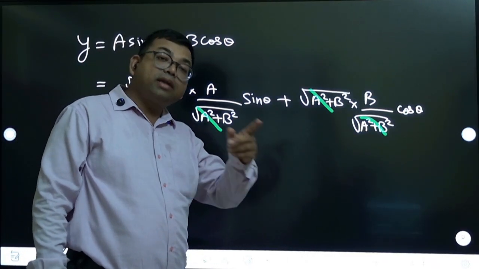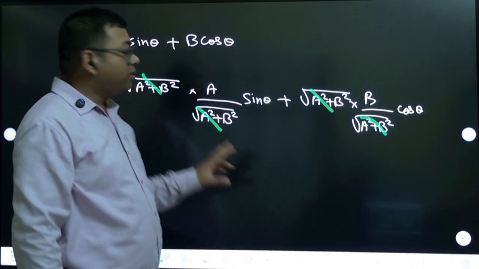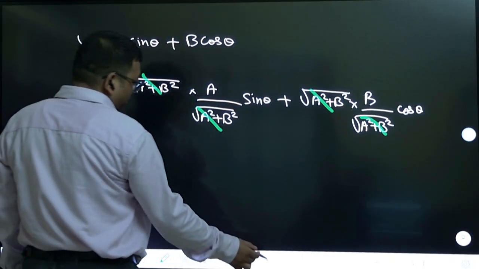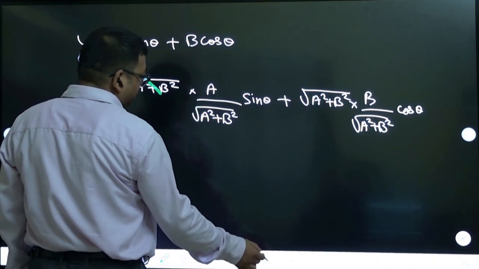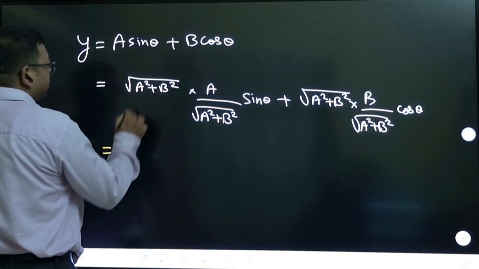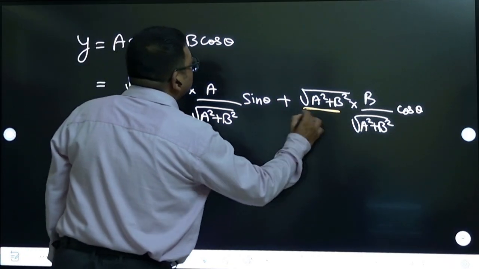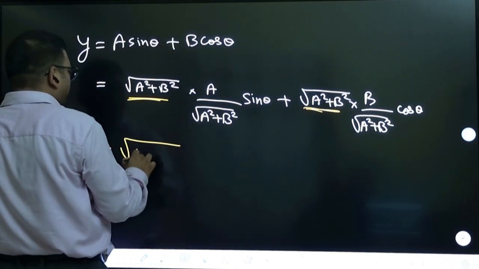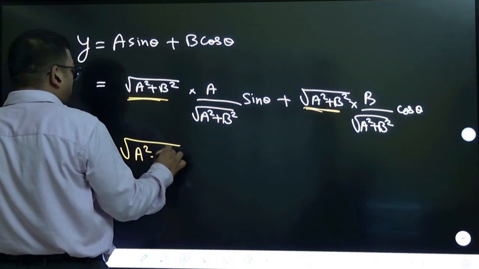Why are we doing that? That you will understand next step. Okay, why are we doing these things? That you will understand next step. Okay, so next step, let us take this as common. So root under a square plus b square we take common.